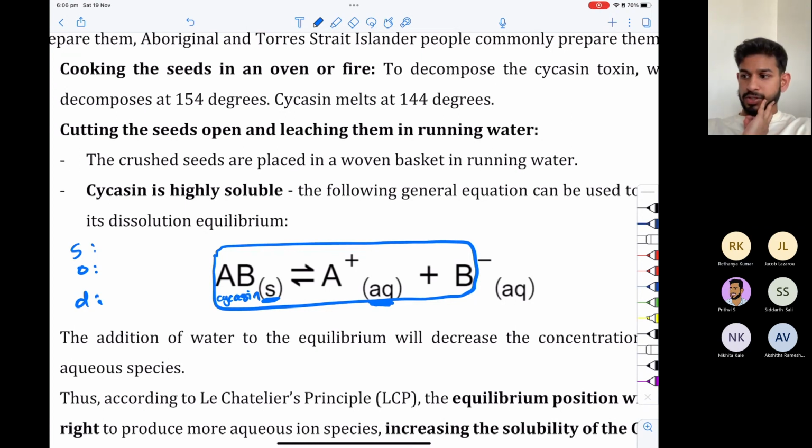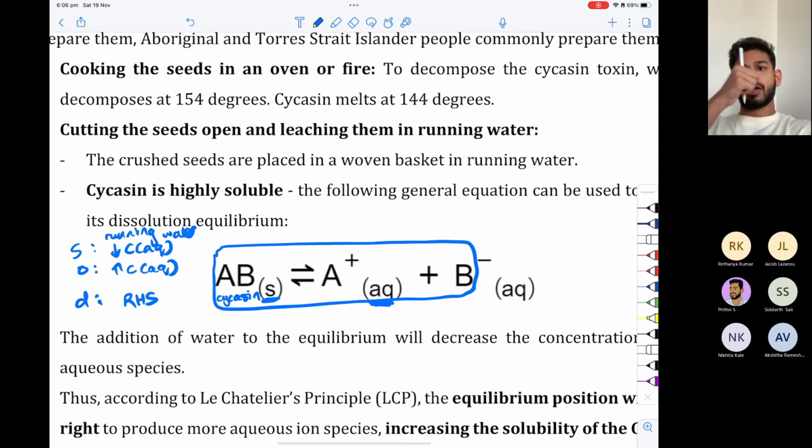Good. So the running water is going to cause a decrease in the concentration of the aqueous form of the toxin. The solid form stays on the seed. The aqueous form gets depleted. And so the opposite of that is increasing the concentration of the aqueous form of the toxin. And so which way does the equilibrium shift, everyone? Right.